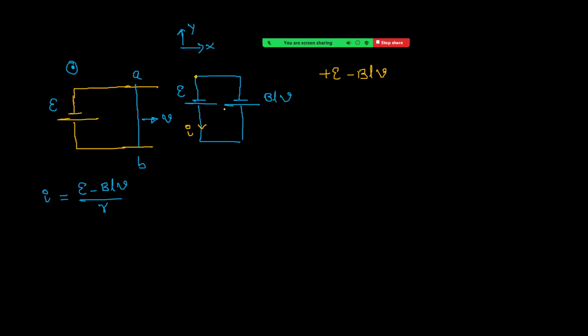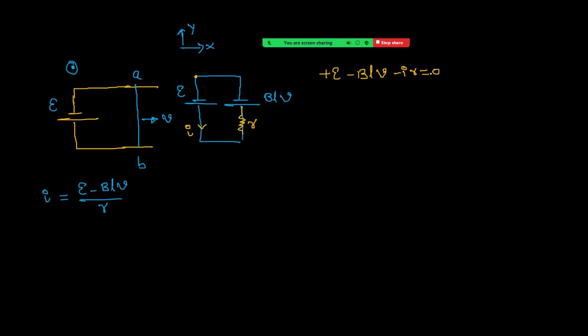See carefully once what is given here. The wire has length L and resistance R. So we can say this battery has some resistance. That means we are replacing this moving wire with a battery of EMF BLV having resistance R. Therefore, when we are moving along the current flow, the potential difference across this one is minus IR.